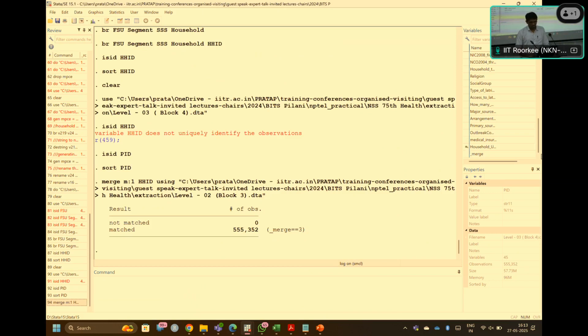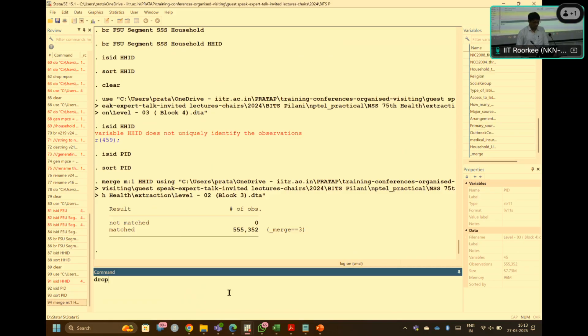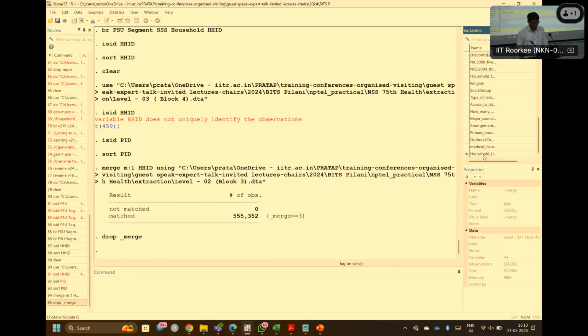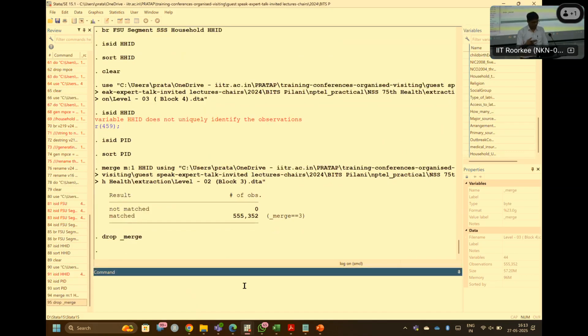Okay. So the first step, since you are going to merge with other levels also, is to drop this _merge variable. Drop this, right? Then for further checks to merge another round, you can check with isid, not with the HHID variable, but with PID.